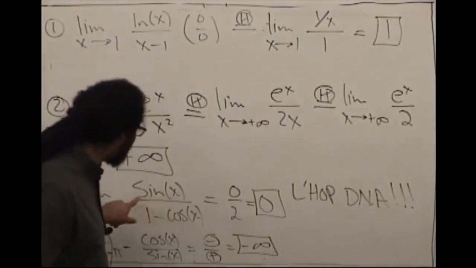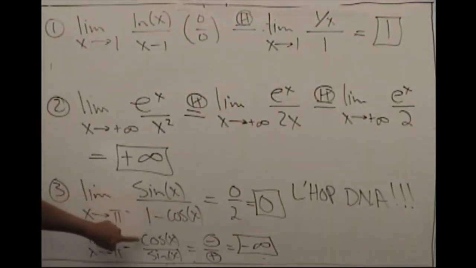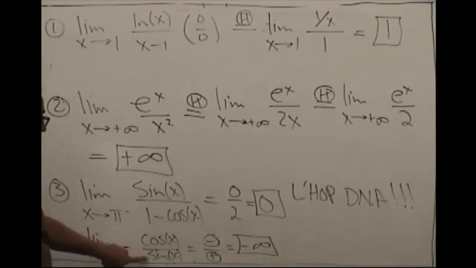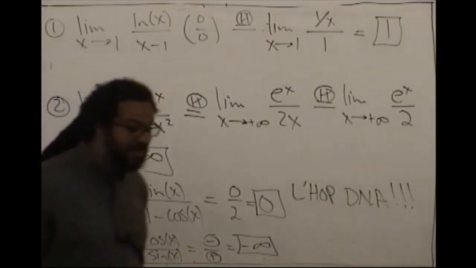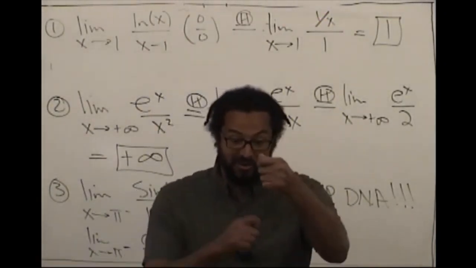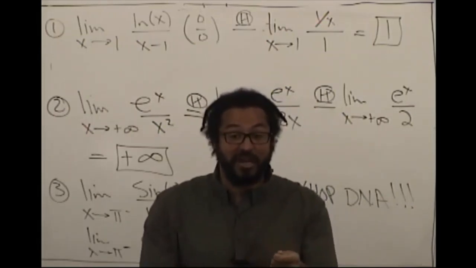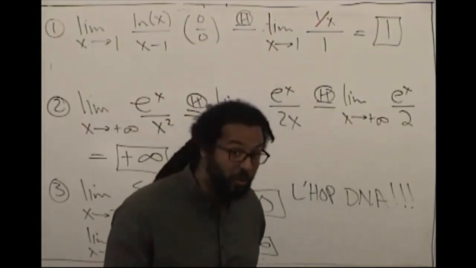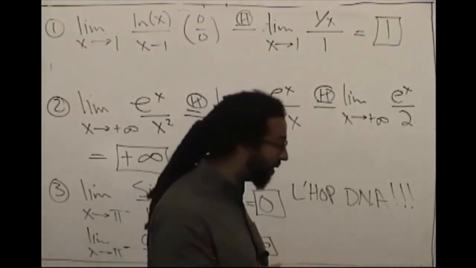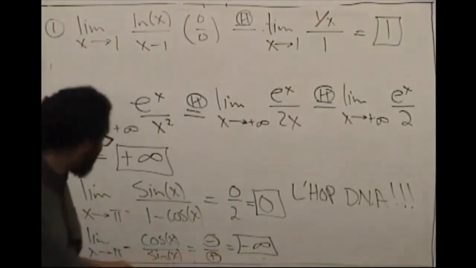If you try to take derivatives here, in the numerator you get a cosine, in the denominator you get a positive sine, and so if you plug in a pi, you get negative 1 over 0. And so remember, if we get a non-zero over a 0, then we know that the answer should be plus or minus infinity. We just need to figure out which one, if you remember the videos from the beginning of the semester.